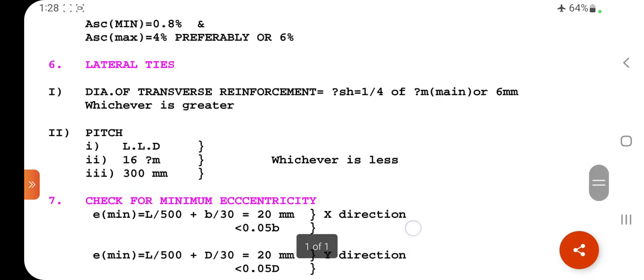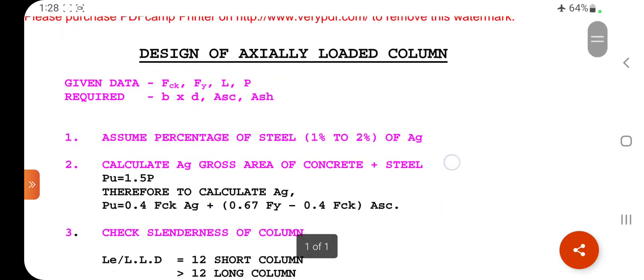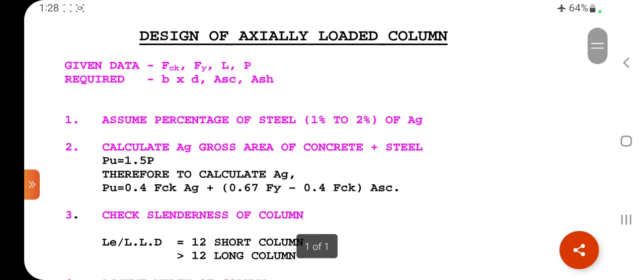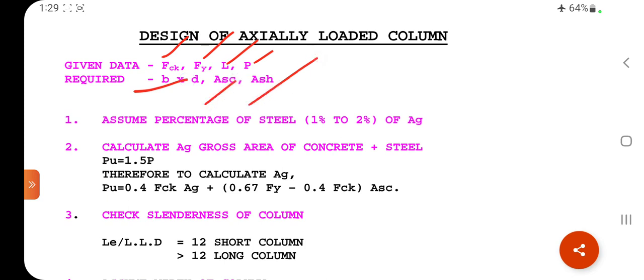So let us have a brief review. The first is design step number 1, the given things. In the given things, fck, fy, L and P are given. We require the b into D, Asc, Ash. Then we assume the percentage of steel as 1 to 2% of Ag.